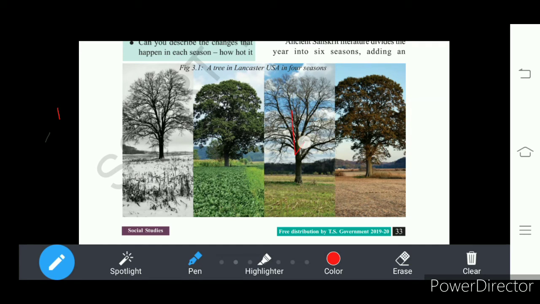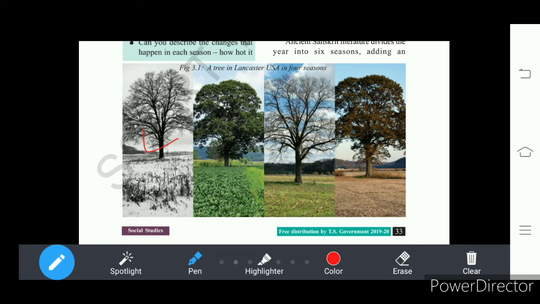Here the leaves are coming, that is, the sprouting of leaves. And in the second picture, you see a tree with fully grown leaves, right?